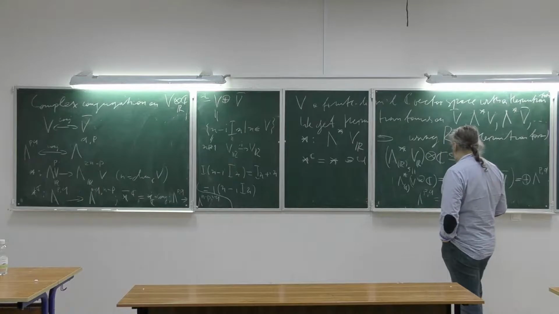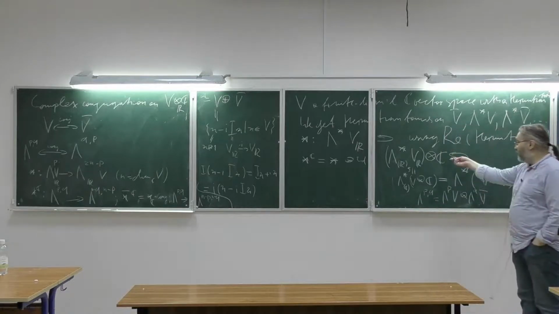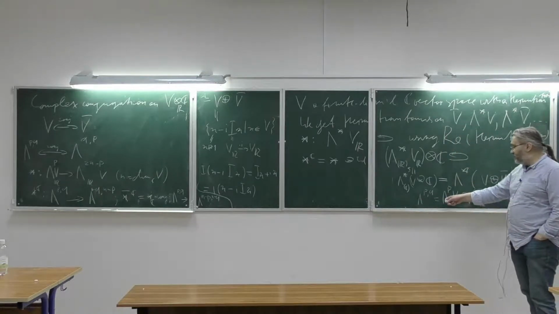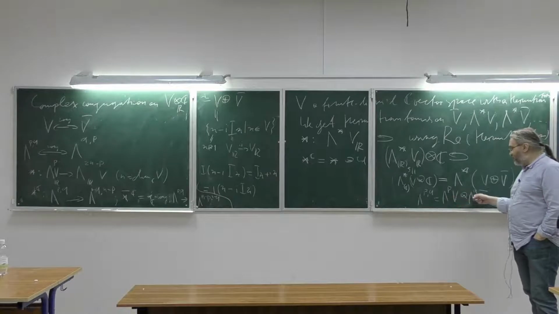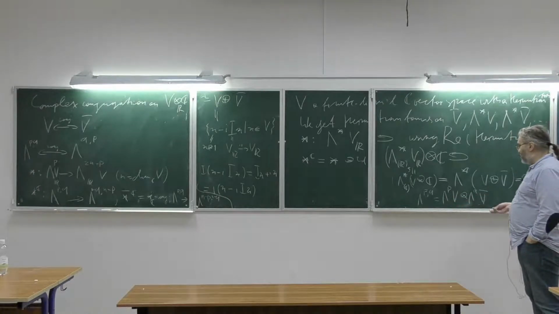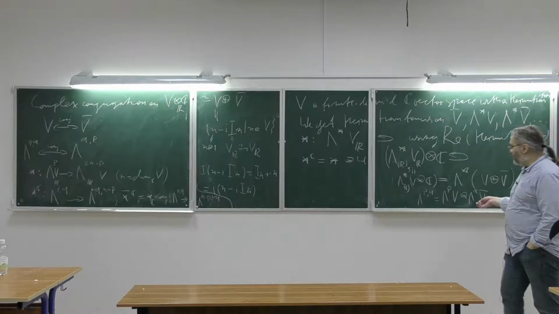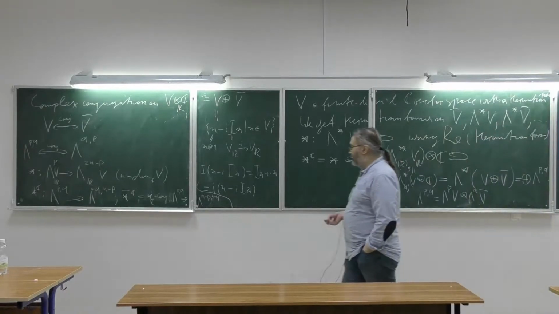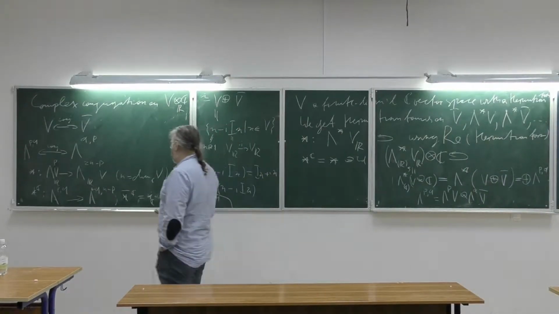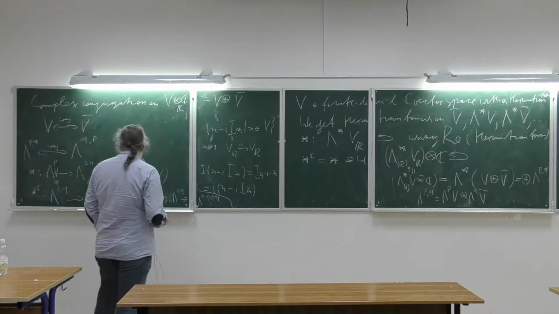And after we complexify, we get lambda n tensor lambda n.